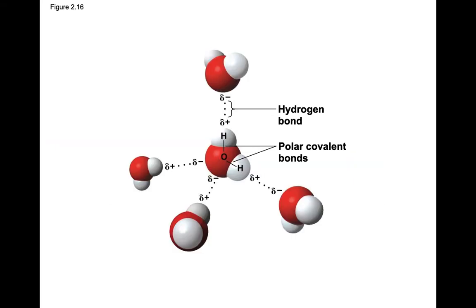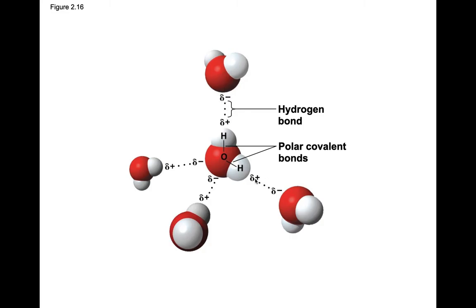Now, I talked about polar bonds earlier in this video and how we have partially negative and partially positive charges interacting between different molecules. They're not forming any intramolecular bonds, so we're not having any electrons being shared.